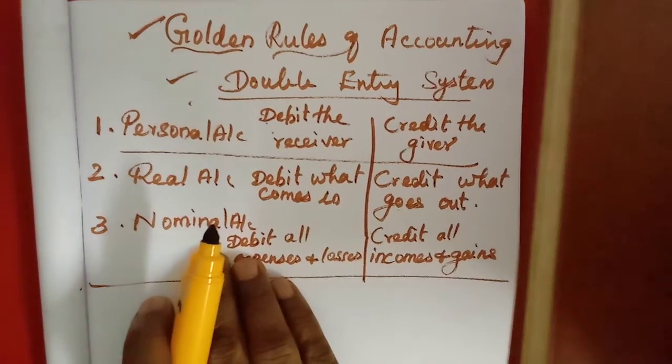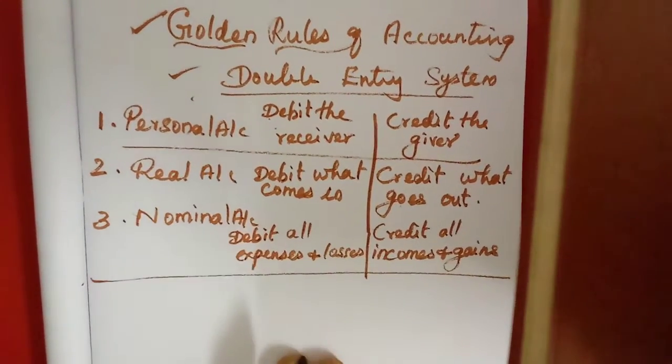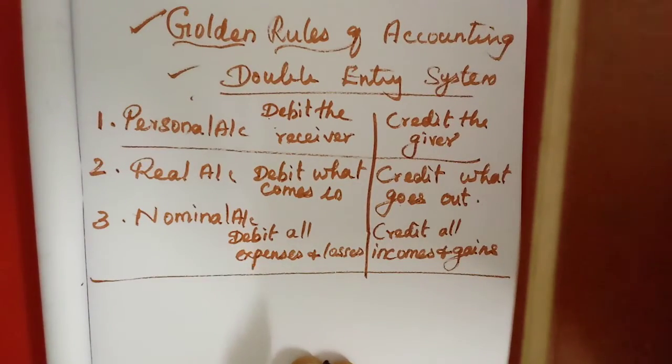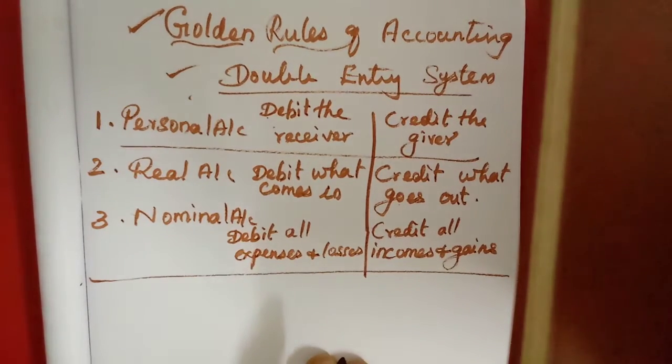So first we should know whether it is a personal account, real account, or nominal account. If we take one account, for example, capital, which account is it? That capital is related to a person, the person who owns the business. So the capital account is a personal account.